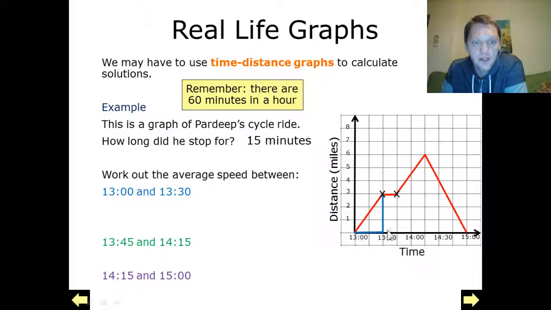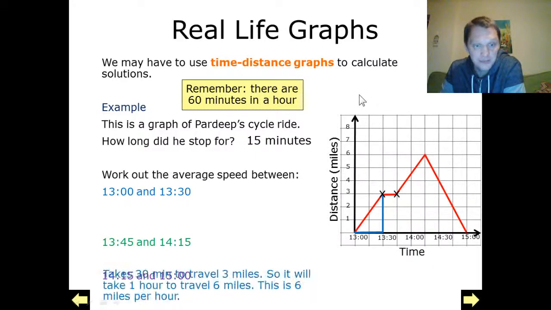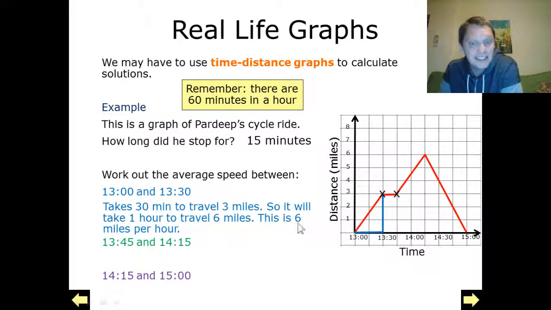From 1 to half 1, we've got to bear in mind that there are 60 minutes in an hour. The answer to this is 6 miles per hour. It's taken Pardeep 30 minutes to travel 3 miles. Normally when we're talking about speed, we're talking about miles per hour, or kilometers per hour, or meters per second. Here we're talking about miles. So if we double this, he's doing 6 miles per hour.